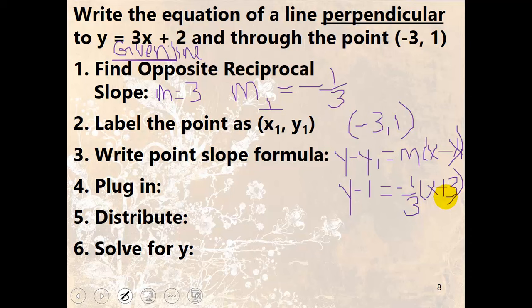Okay, and then I'm going to distribute, and then I'm going to add, and I get y is equal to negative 1/3 x, okay?